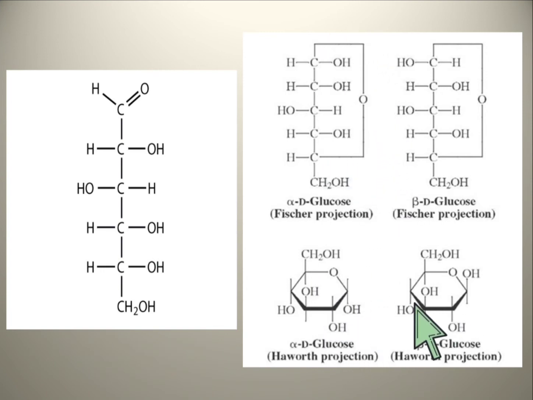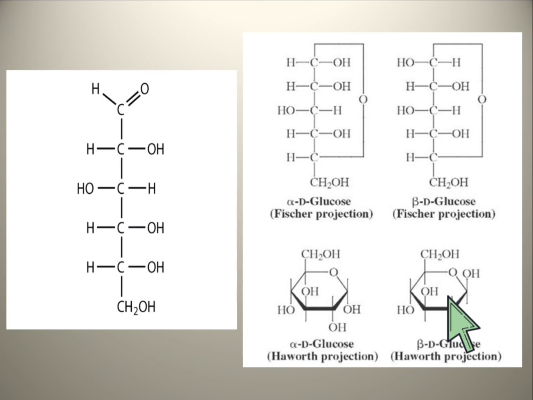So these are the two forms, the alpha and the beta form, the two isomeric forms of glucose. In this way glucose can exist in two different isomeric forms, and these two isomeric forms, alpha and beta, are termed as the anomers.